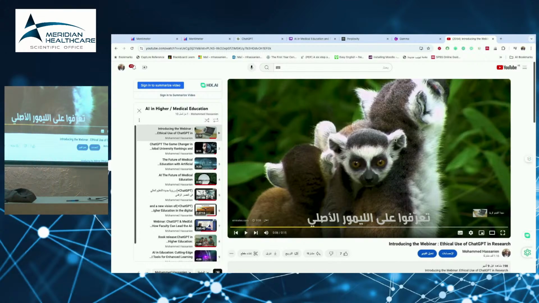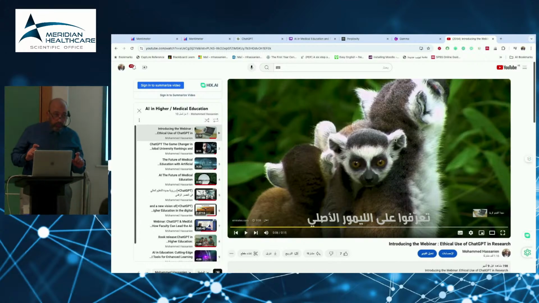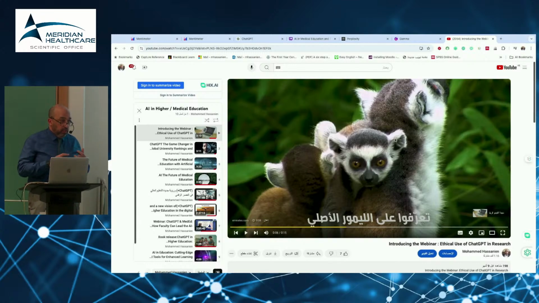Okay, so this is more than one method to generate images: using ChatGPT, using Gemini, Microsoft, and Microsoft Copilot through the mobile.